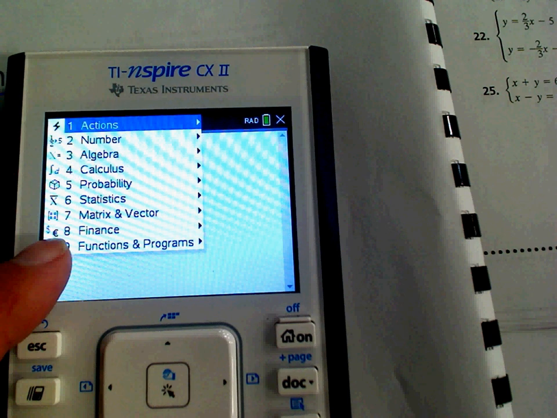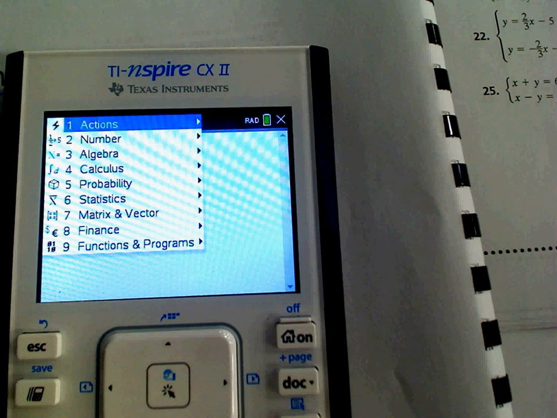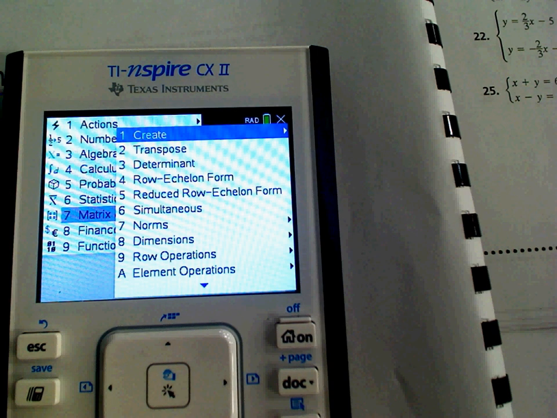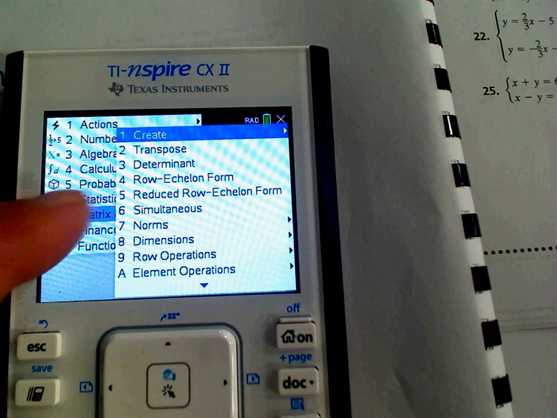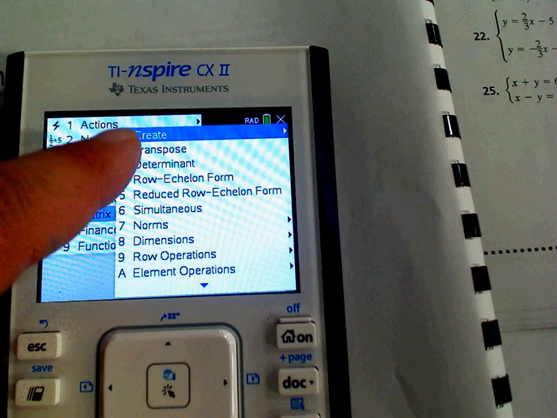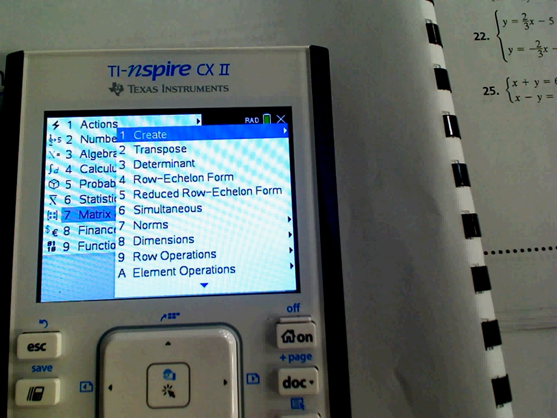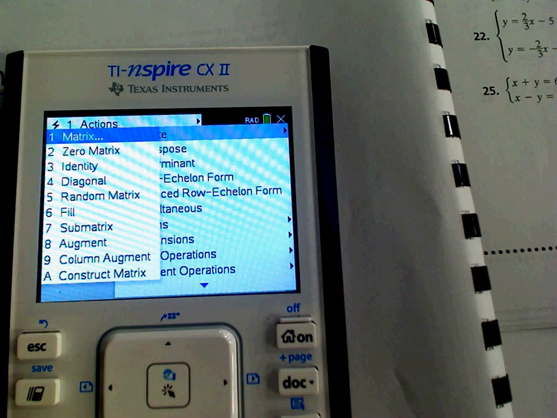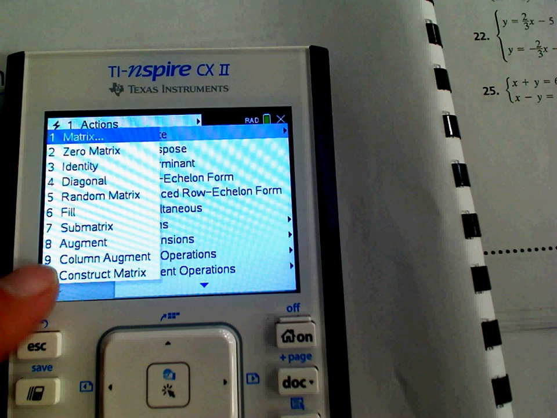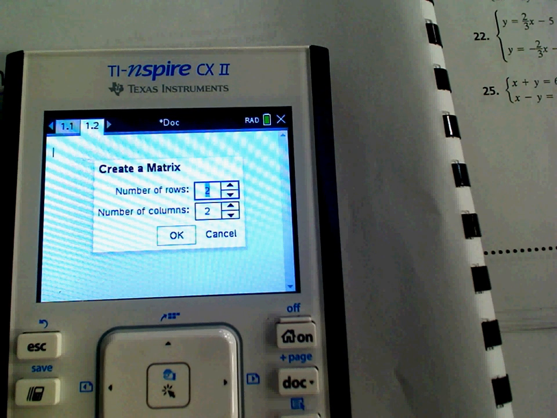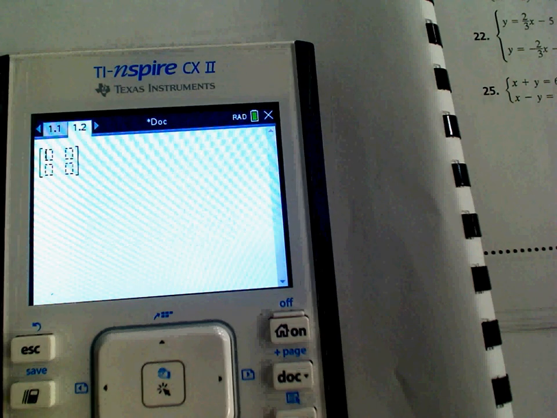Yeah, I'm talking about matrices. Let's go to 7. Do you see anything there I could do if I was trying to build a matrix? Create, maybe. So create all kinds of, just a basic matrix. And it's the same window I saw a while ago. All right, what size of matrix do you want? Well, I do want a 2 by 2, so I'll just hit enter. There it is again. So there are 2 ways to build matrices.